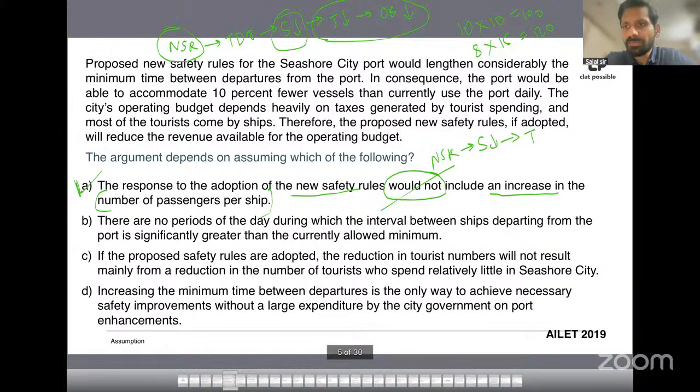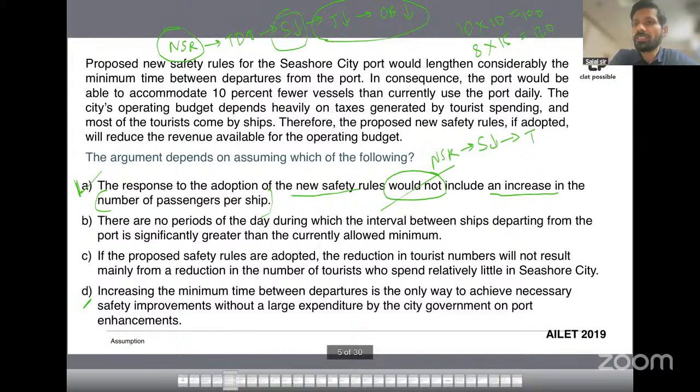But let me quickly discuss a couple of more options which become potential traps. One of them is option D. Increasing the minimum time between departures is the only way to achieve necessary safety improvements. So, what's the conclusion?